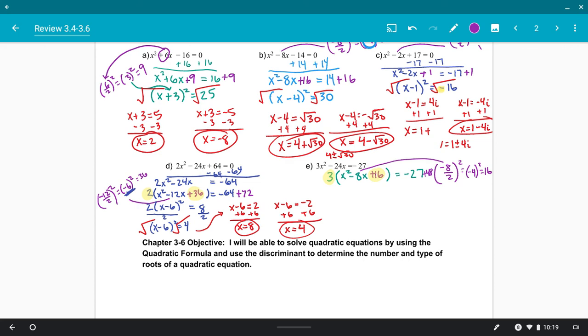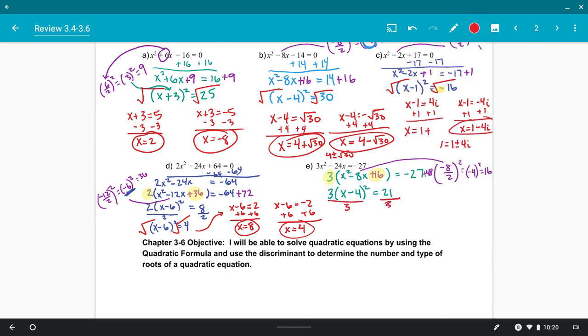So what ends up happening here is we've got 3 times, and then I'm going to do this x minus 4 piece right here. And then that's going to equal negative 27 plus 48 is 21. And then we can start solving.